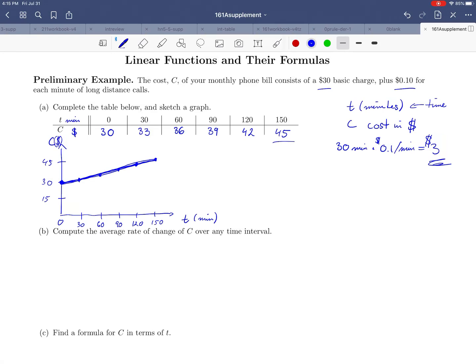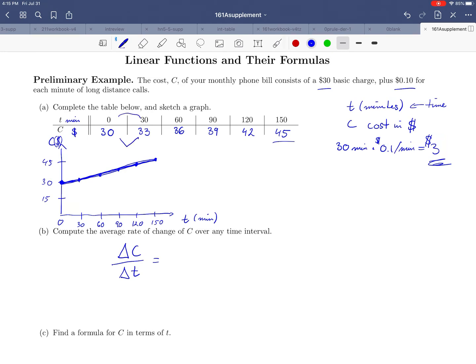In the work that we just did, we basically computed the average rate of change of c over any time interval, because our formula for the average rate of change, if you remember, is the change in output over the change in input. For our first time interval, what was the change in cost?